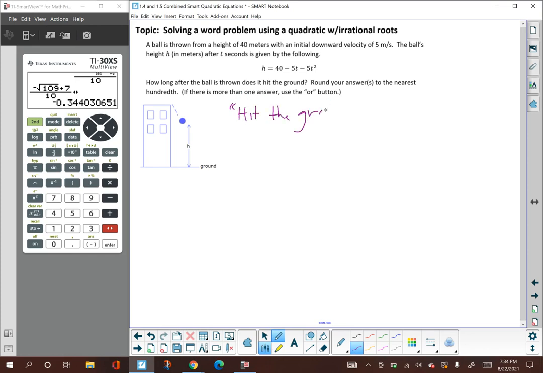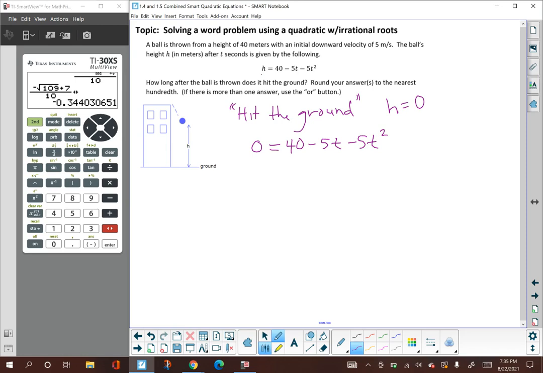If you've taken physics, you've probably done enough projectile motion to know what hit the ground means, but hit the ground means that it's at a height of 0. So we're going to put a 0 right there for h. 0 equals 40 minus 5t minus 5t squared.